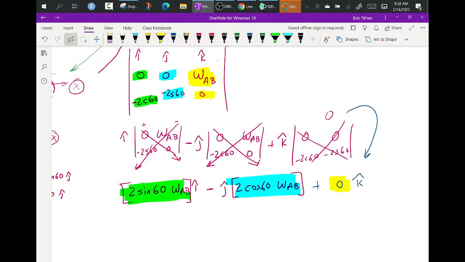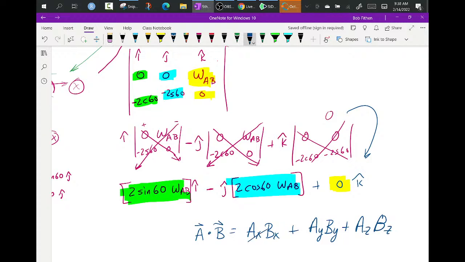In a dot product, where you dot A with B, all you do is AX times BX plus AY times BY plus AZ times BZ, and you just add them up. That's how you do a dot product if you have the components. If you have the angle between them, that's the other way to do it.